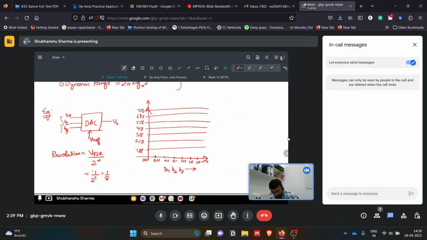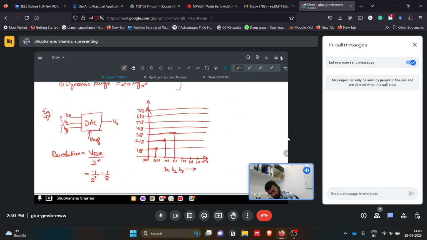So when 0 0 0 came, the output given by the DAC is 0. So how will we understand this plot? When 0 0 1 came, we got an output of 1 by 8. When 0 1 0 came, we got an output of 2 by 8. For 0 1 1, similarly we got this.